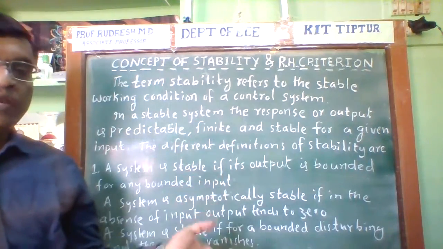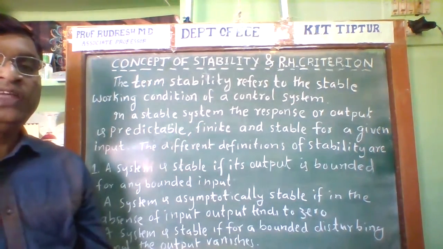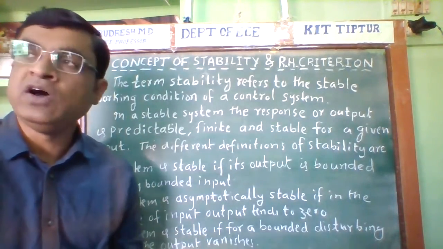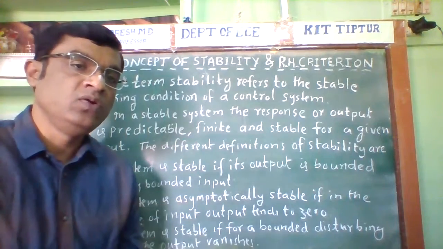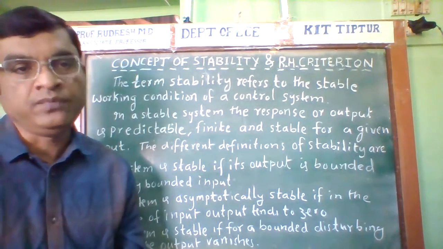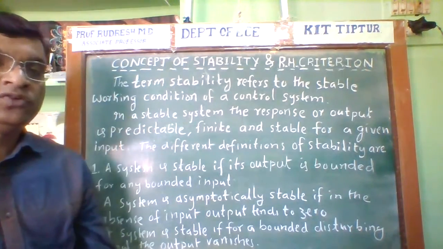According to control theory, a system is asymptotically stable if, in the absence of input, the output tends to 0. Without giving any input, it should not give any output.